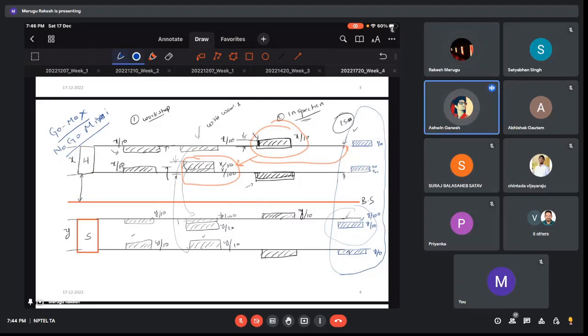When the go ring gauge is entering and the no go ring gauge is also entering, then the shaft is rejected. These are ring gauges, in which you keep the shaft inside. If both are entering, it means it is undersized.